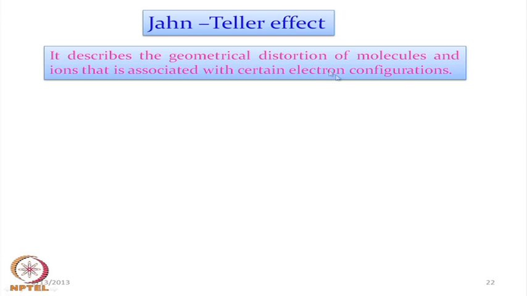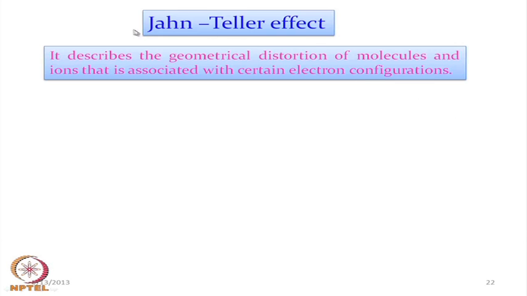Now we have a different electronic configuration, and due to that different electronic configuration we see the distortions. So far we have discussed the distortion first, and then on the basis of those distortions we looked at the corresponding electronic configurations.